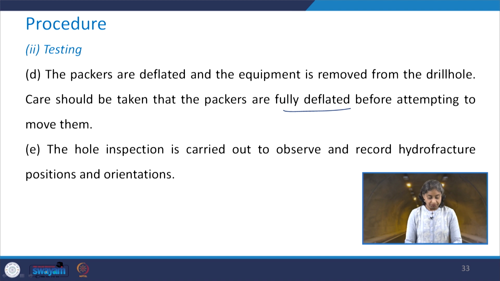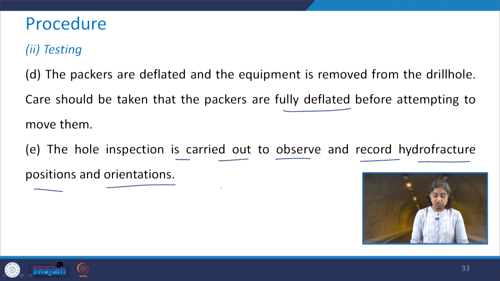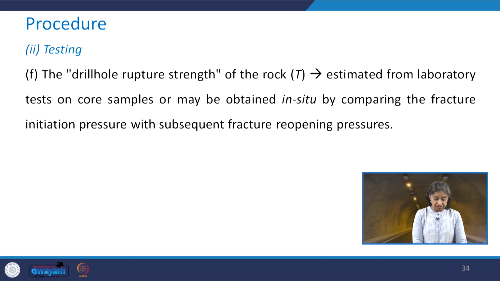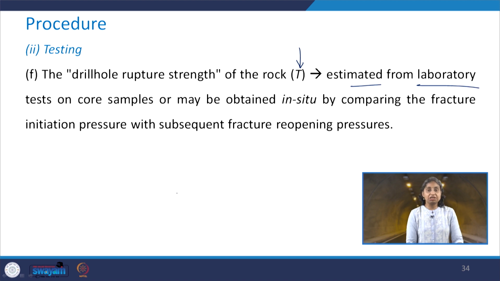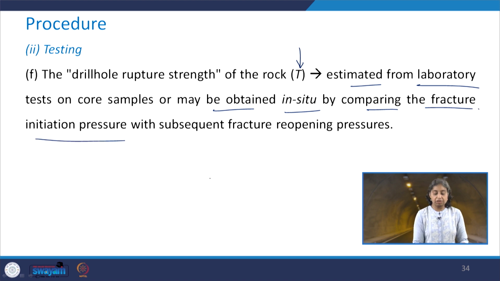A whole inspection is carried out to observe and record the hydrofracture position and orientation after the test. The drill hole rupture strength of the rock, represented by capital T, is estimated from lab tests on core samples, or it may be obtained in situ, that is in the field, by comparing the fracture initiation pressure with the subsequent fracture reopening pressures.